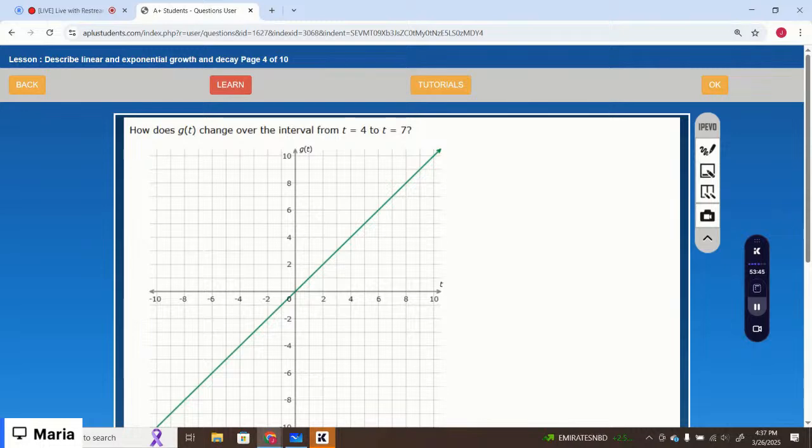How does g of t change over the interval from t equals 4 to t equals 7?